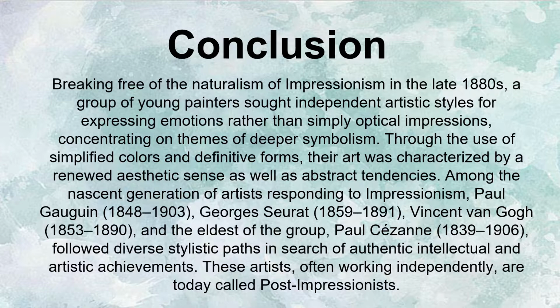Among the nascent generations of artists responding to Impressionism, Paul Gauguin, Georges Seurat, Vincent van Gogh, and the eldest of the group, Paul Cézanne, the father of post-Impressionism, followed diverse stylistic paths in search of authentic intellectual and artistic achievements. These artists, often working independently, are today called the post-Impressionists.